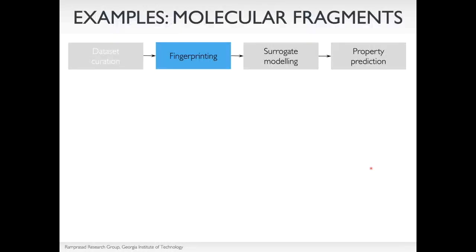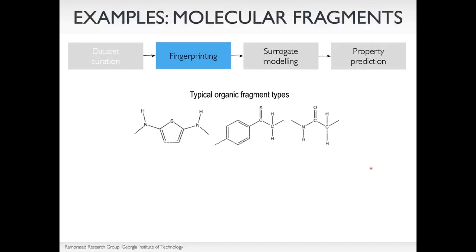Here is a second type of fingerprinting, right? Let's say you're interested in polymers. We all know that polymers have a lot of monomer units, a lot of fragments of this type that you see, right? This could be a fragment that you could find in a polymer. This is yet another type of fragment. So let us say you assemble a catalog of possible fragments that you can find in polymers, right?